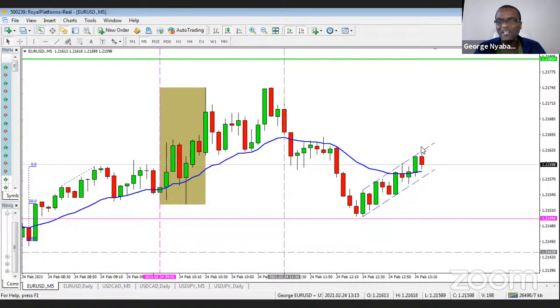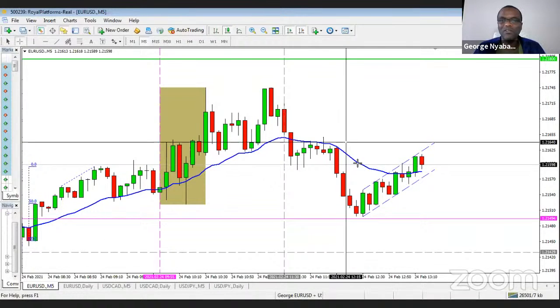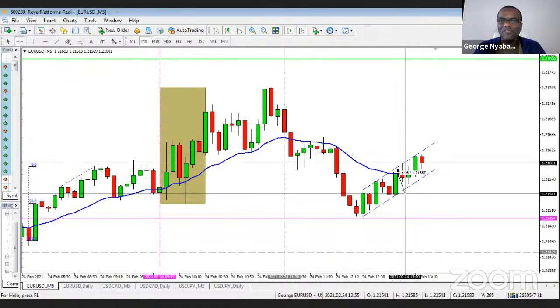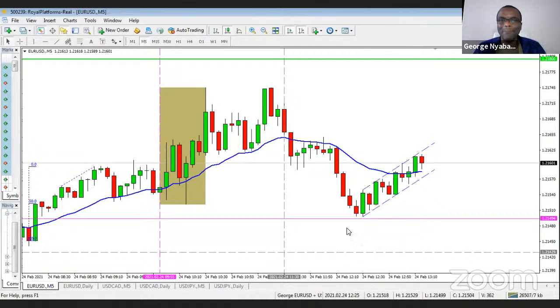But the fact is, the market is moving. It's a very tight channel, 5 pips top to bottom, nowhere near our 20 pips. It's a very tight bull channel, showing bullish strength, but in the middle of the trading range. So we're going to have to wait.